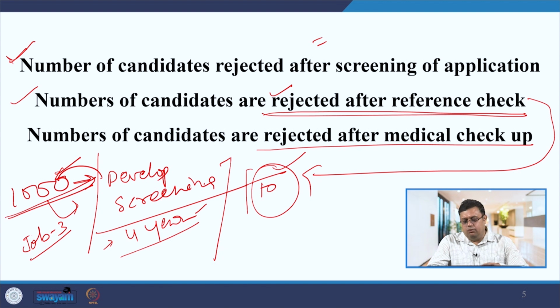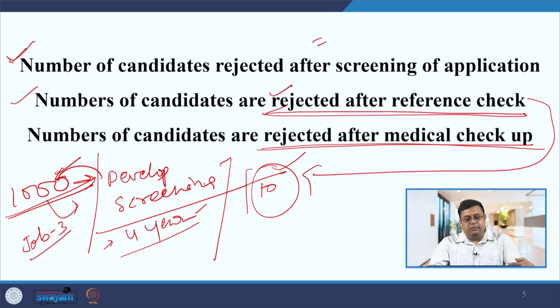So if you know these numbers in advance, what has happened in the past, it may happen this year also, right. After making the final selection also, these people may not be able to join your organization because their reference check was not good and they were having some medical problems also.